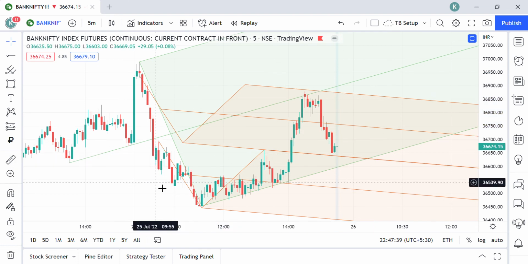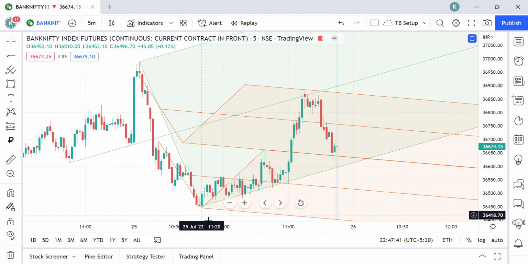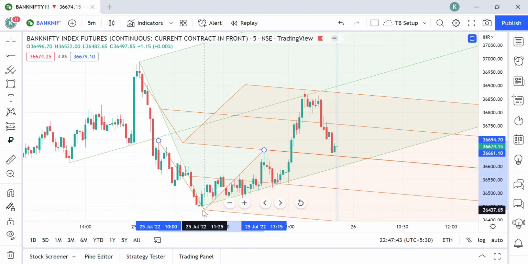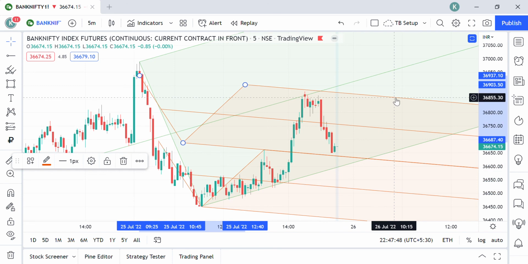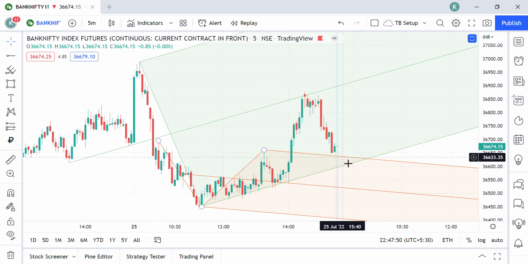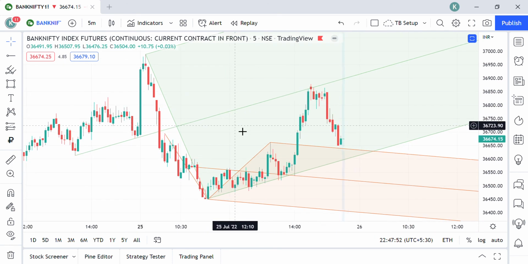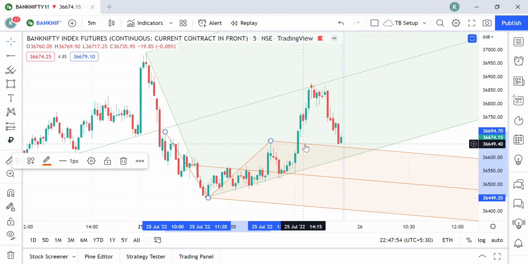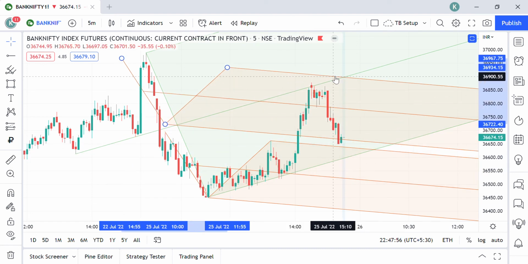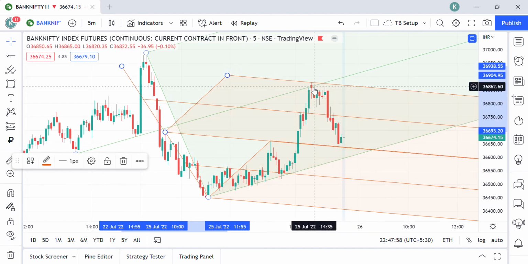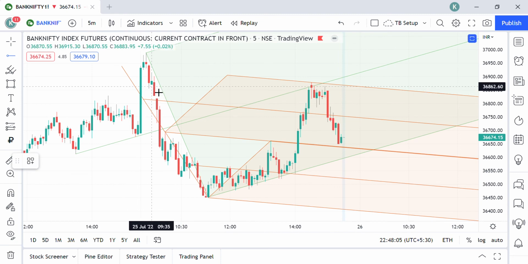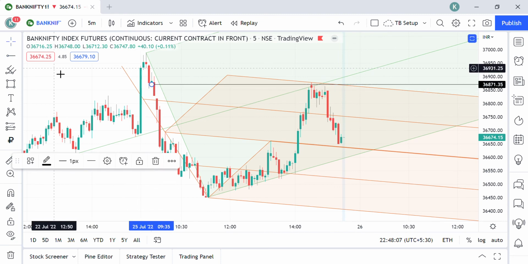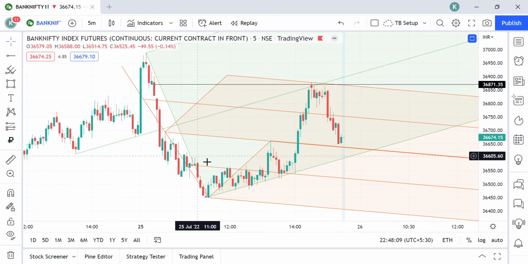Okay, now as you can see, price has exactly touched this outside frequency, and that is happening at a small supply zone created by buyers during their downflow.